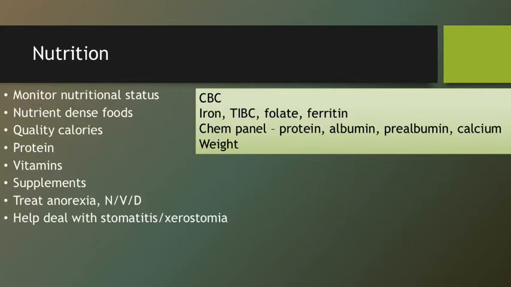Keeping up fluid intake is really important. Lozenges, Sucrets. I know Sucrets kind of went out of fashion, but they're really good for numbing your mouth and your throat. And the way that we monitor it is all these lab tests and also weights.